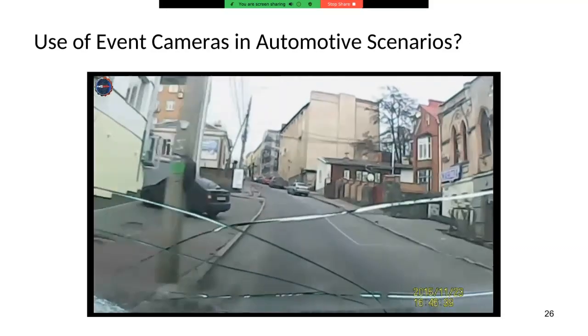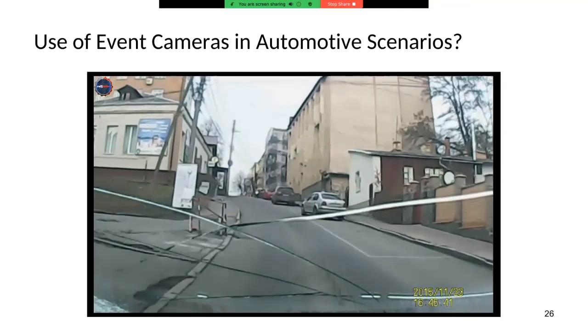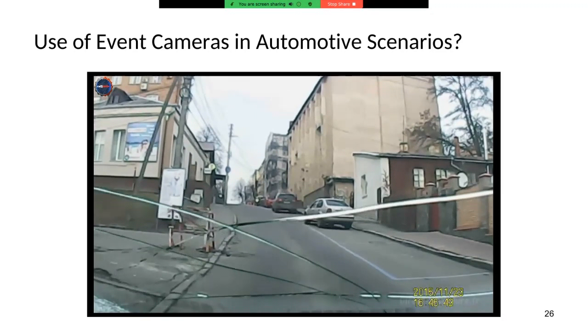There is an accident because the driver was not able to stop in time. If you had an algorithm that could detect that this person is running onto the street in very few milliseconds, you could actually stop in time, or at least reduce the damage to the person.